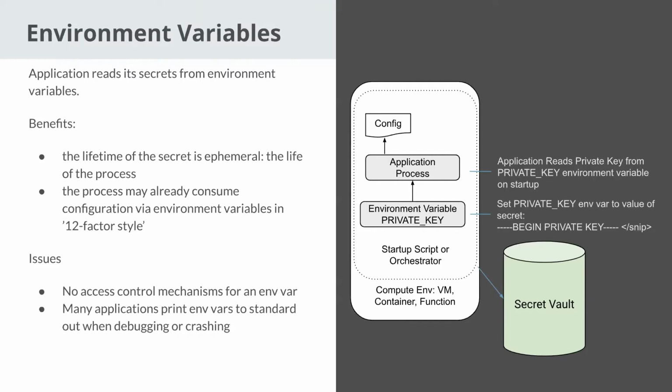It probably isn't going to get something like a short-term token, but it's totally dependent on what you export. There's another issue in that many applications will print their environment variables when you switch them into a debugging mode or they crash.